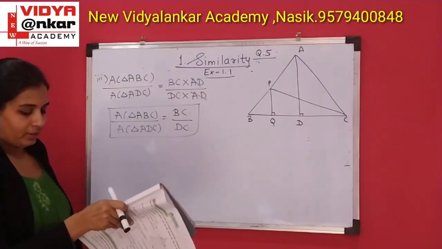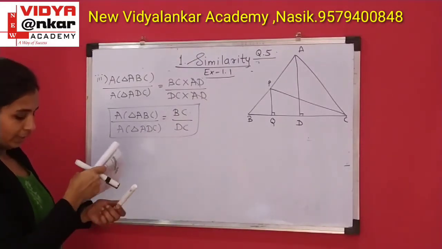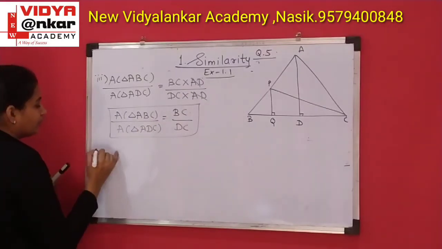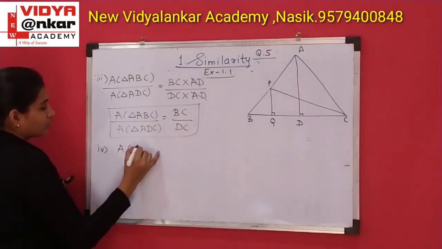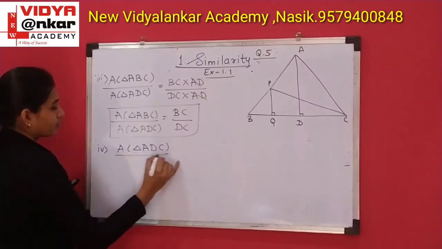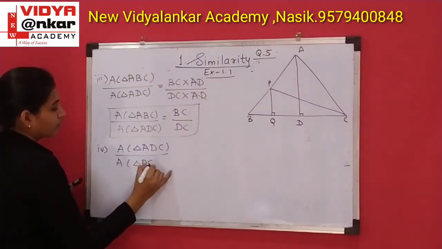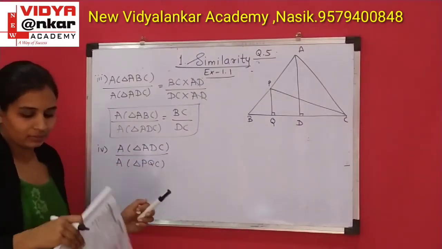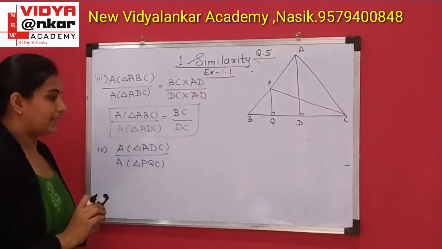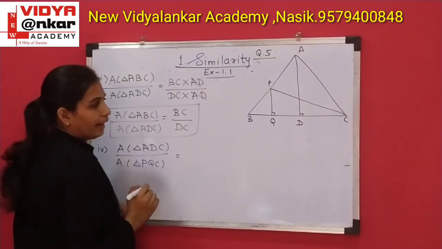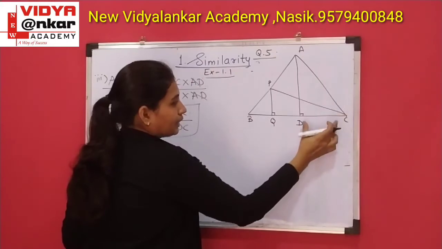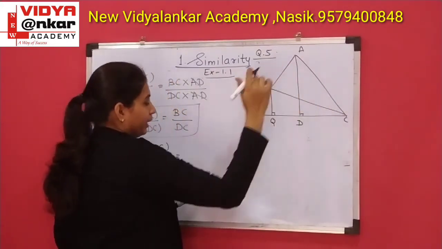area of triangle ADC upon area of triangle PQC. This is the last example of our exercise. Triangle ADC, the base is DC, height is AD.